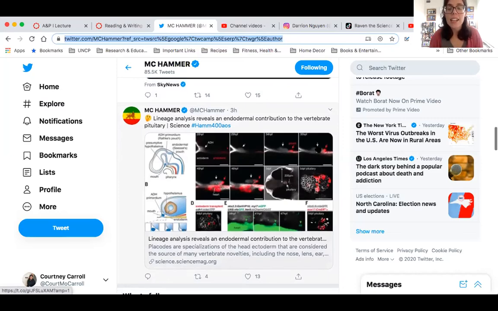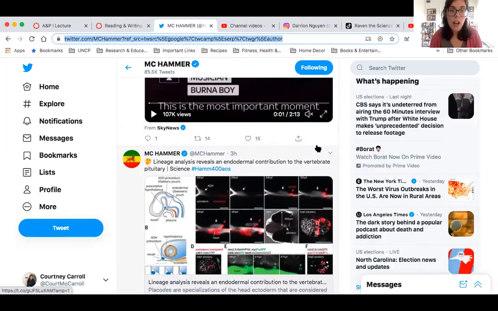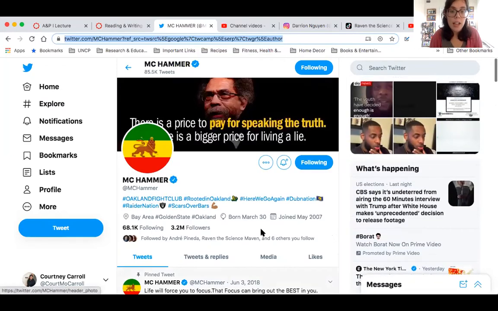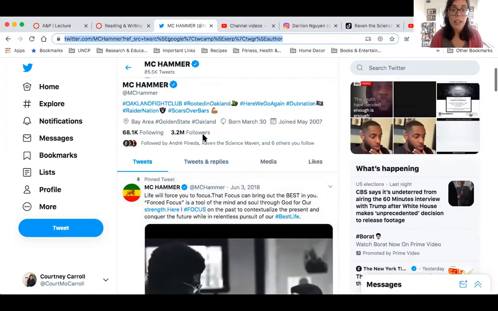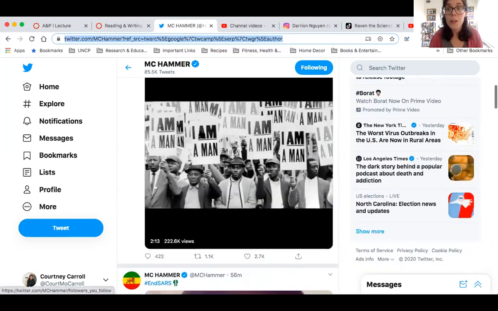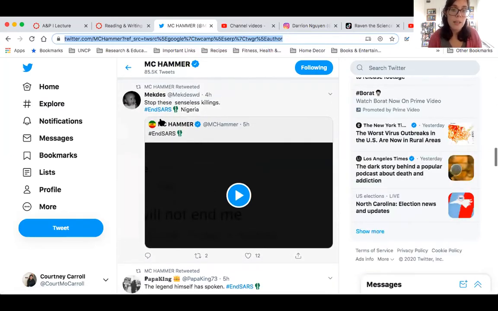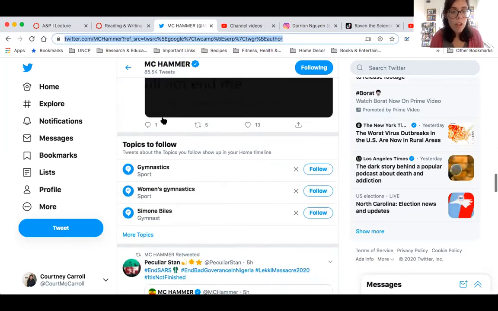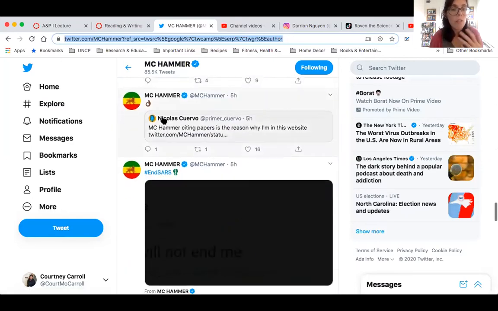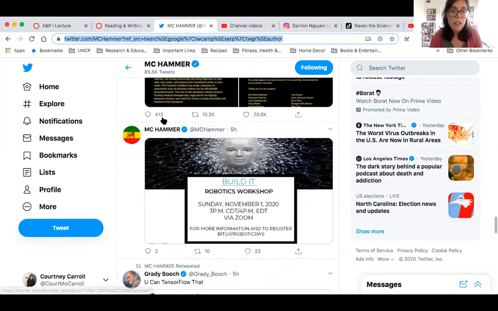And it is phenomenal because his audience, he has a lot more followers than the average scientist. He's following 68,000 and he's got 3.2 million followers. And so when he tweets about science, people pay a lot more attention. He's got political things that are more relevant information about that.